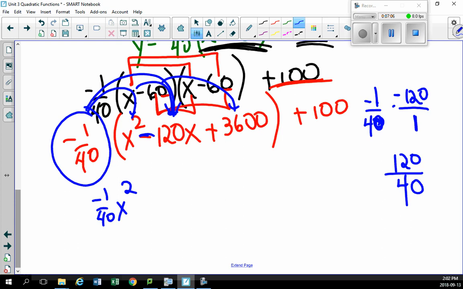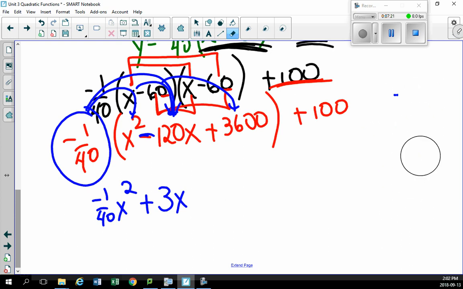Well, check this out. The zeros cancel. 12 divided by 4, well, that's simple enough to do. That's going to be a positive 3x. Wow, that wasn't tough at all. Watch it again when I do this with my fractions on this one as well.